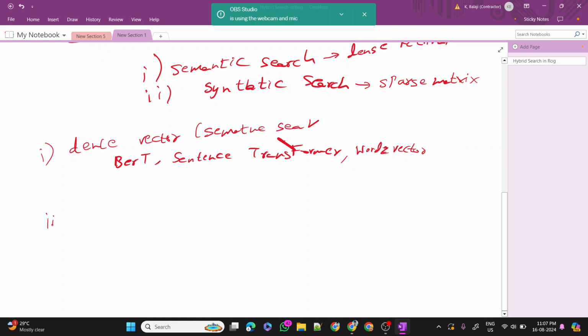In synthetic search, it uses a sparse matrix.